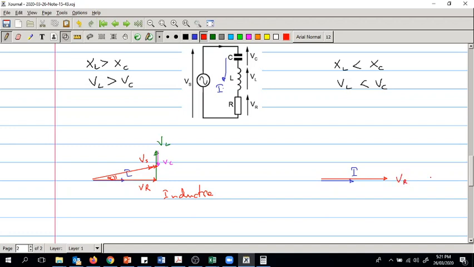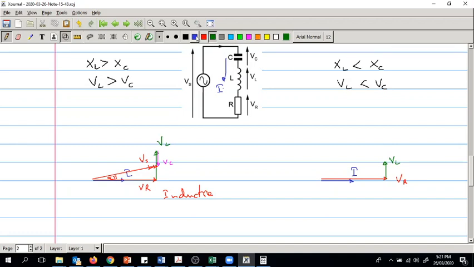You might have observed that I was always taking the voltage phasor at the beginning because the current is taken as reference because these are series circuits, and then I drew the voltage phasor of the capacitor or the inductor. Now in this case again the inductor goes in the positive direction because it is leading by 90 degrees, VL.